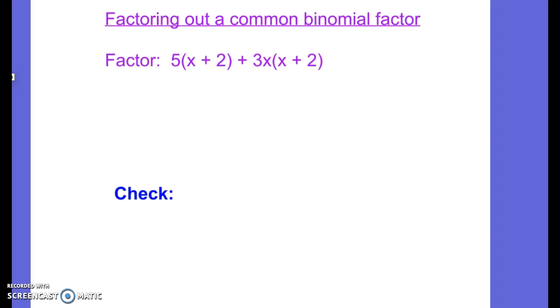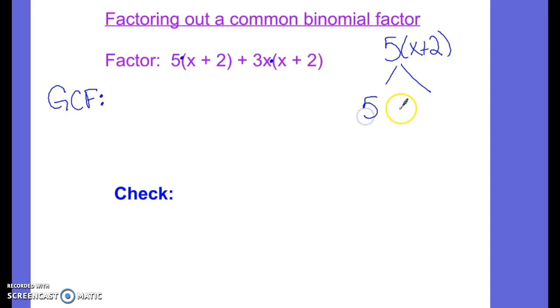Now we're going to factor out a common binomial. If you look here, you have multiplication: 5 times x plus 2 plus 3x times x plus 2. So here your GCF, if we're looking at the factors, if I were to make a factor tree of this first term, would be 5 times x plus 2.